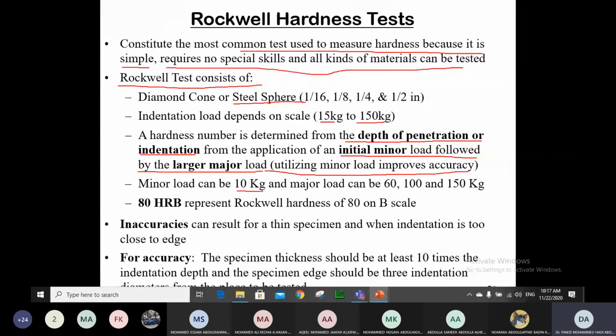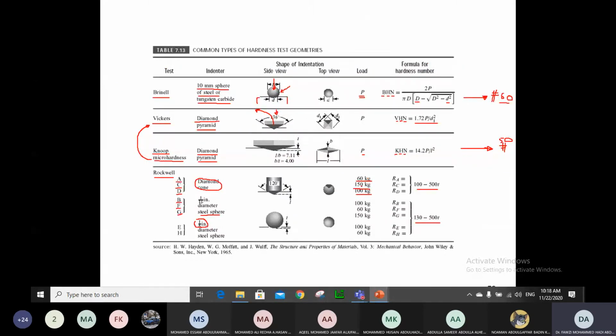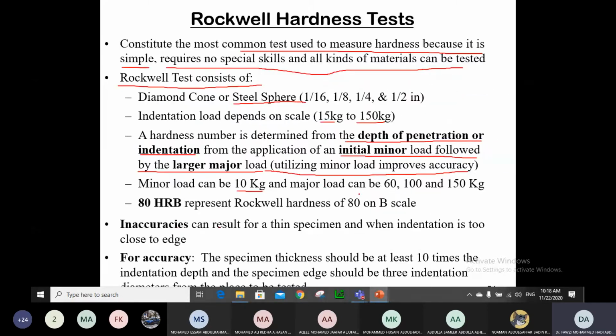The minor load could be 10 kilograms, but then the real loads go higher, from 50 to 150, depending on the scale. The major load, as you can see from the table, is 60, 150, 100, and so forth, depending on the scales.